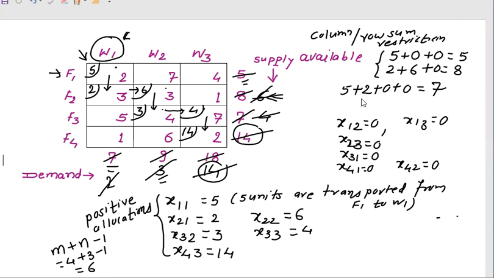So in the mathematical formulation of the transportation problem, equations 2 and 3 are satisfied. Row sum restrictions and column sum restrictions are satisfied. So it is a feasible solution.